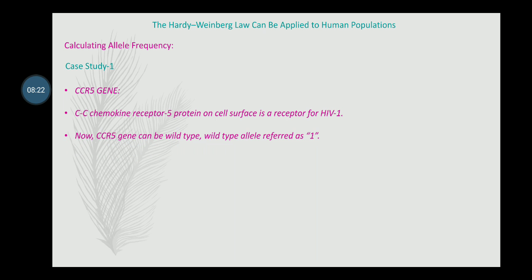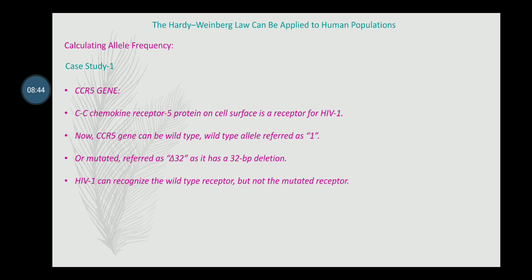Now, in the CCR5 gene, the wild type allele is referred to as 1, and the mutated allele is referred to as del32. Why del32? Because the mutated gene has a 32 base pair deletion mutation. That is why del32.